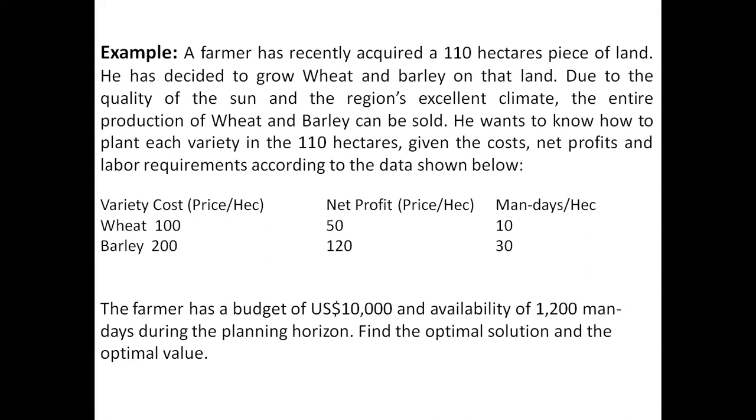Calculating the difference between these, $50 needs to be invested in wheat, and the cost is 100, so the net profit is 50.